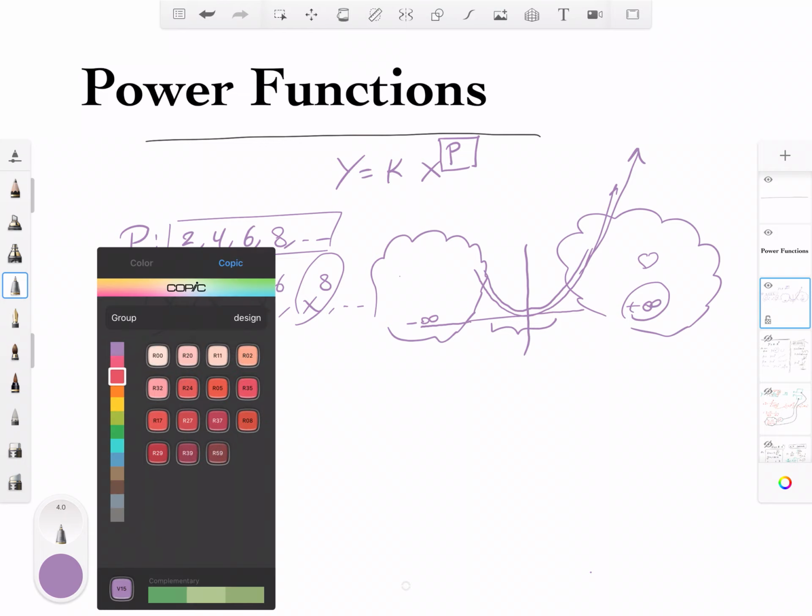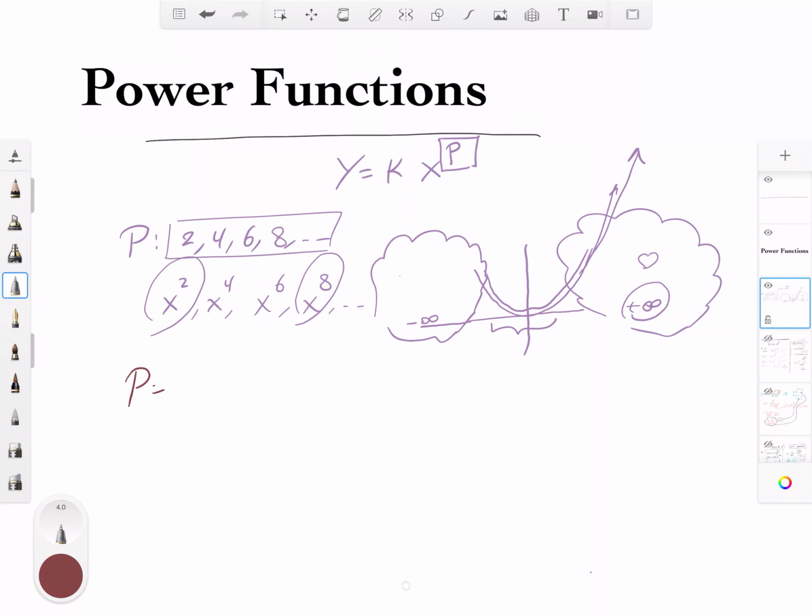If we have odd numbers, like p equal to 3, 5, 7, 9, 11, 13, like x to the power 3, x to the power 5, if you graph them, all of them will look like a chair. Like x cubed, it will be like this.